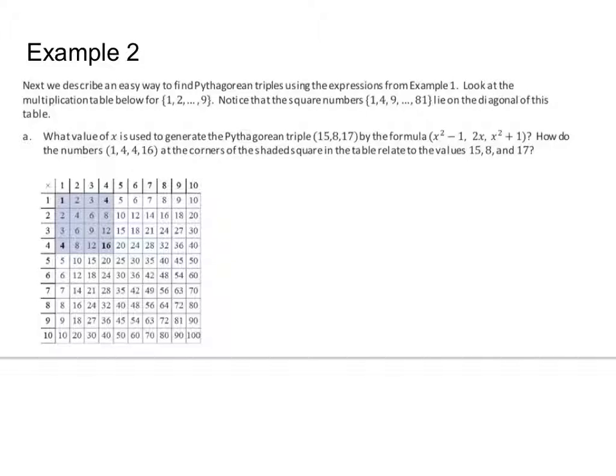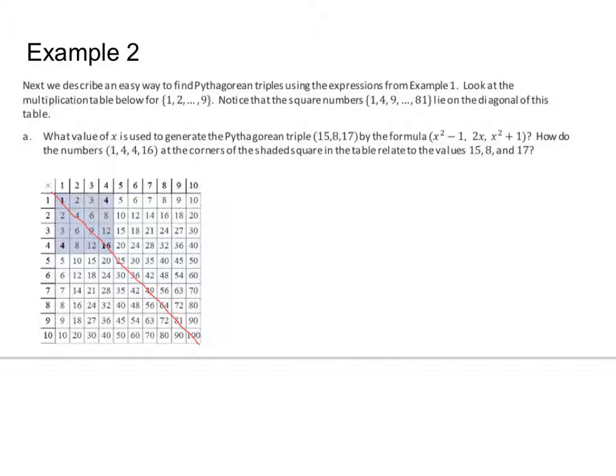The instructions here say, next we describe an easy way to find Pythagorean triples using the expressions from example 1. Look at the multiplication table below. Notice that the square numbers, 1, 4, 9, etc., 81, lie on the diagonals of this table, right through the middle.